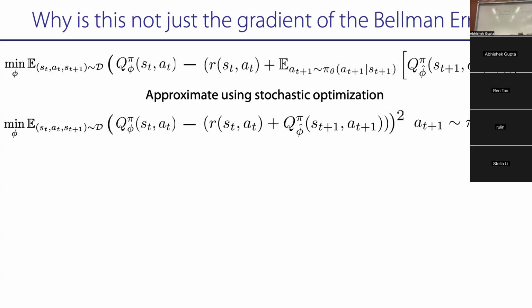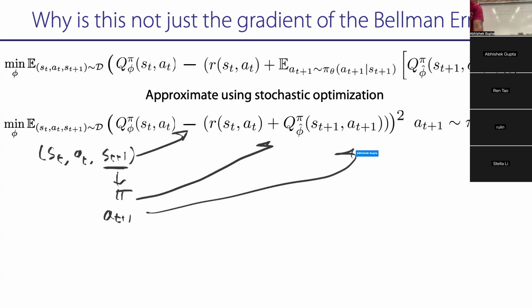And you try to make Q as close as possible to R plus Q at the next state with an action sampled from your policy. And so the way you're going to implement this in practice is you'll have a data set, you'll get S_t, A_t, S_{t+1}. And then you'll take S_{t+1}, you'll stick it into your policy, you'll get an A_{t+1}. Right? And then you stick all of these things into the appropriate places in this thing. And then you minimize, right?